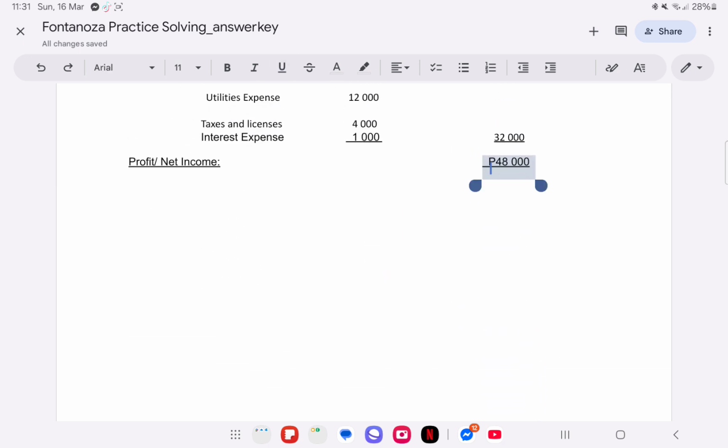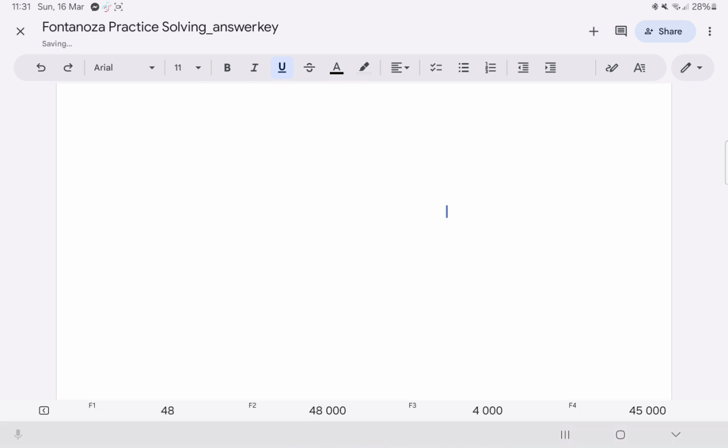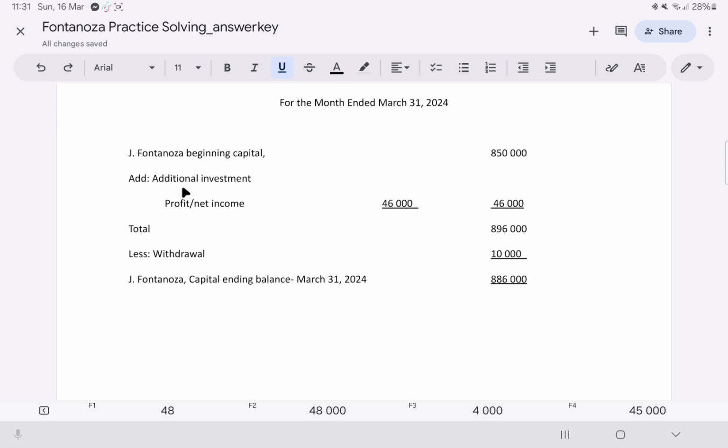Okay, so let's check if the additional investment is 48,000. We already found out that our net income is incorrect. So when we recorded, instead of 46,000, it should be 48,000.